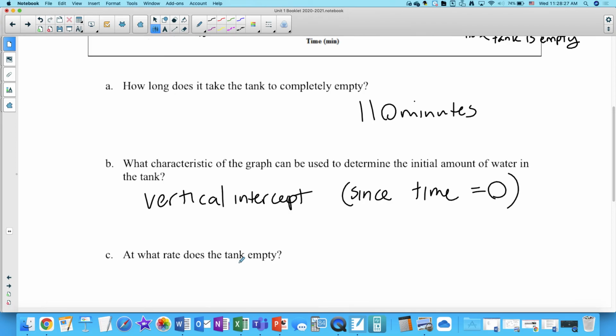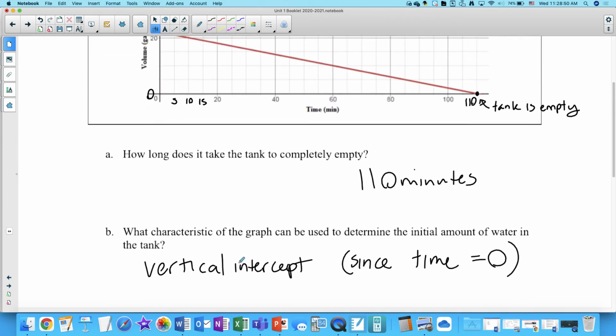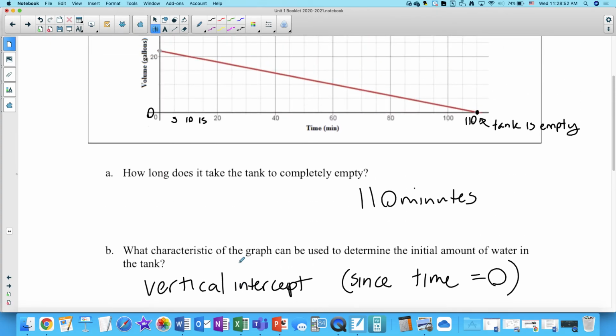At what rate does the tank empty? If you remember back in grade 10, this is like the rate of change. So you're looking at the slope of a graph. How do you determine the slope of a line from a graph? How can we figure out the slope?